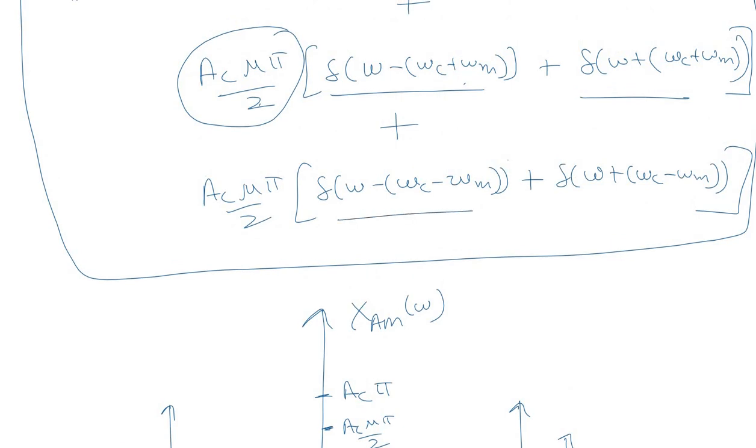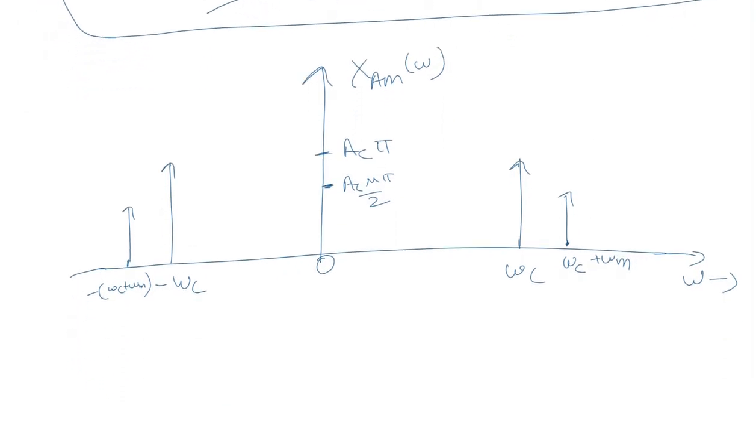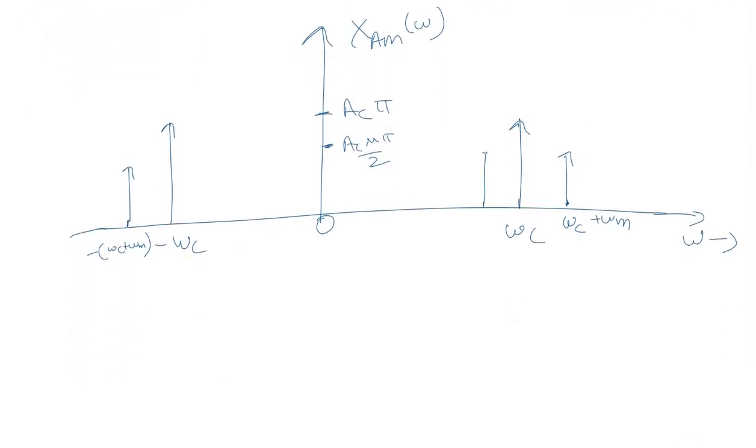Then again we'll plot the third term, which is again shifted impulses. Amplitude is the same as that of the upper sideband, so it will be something like this. This point will be ω_c minus ω_m. So this is the spectrum of the conventional amplitude modulated signal or the double sideband with carrier signal.